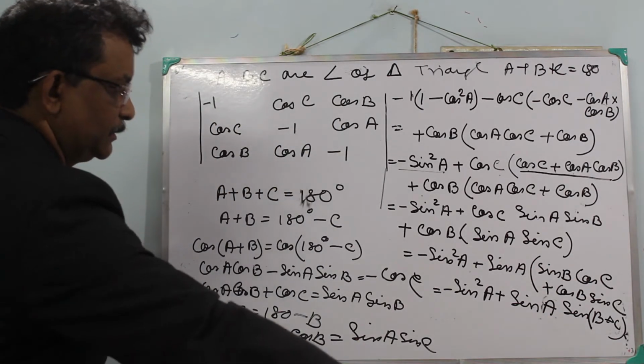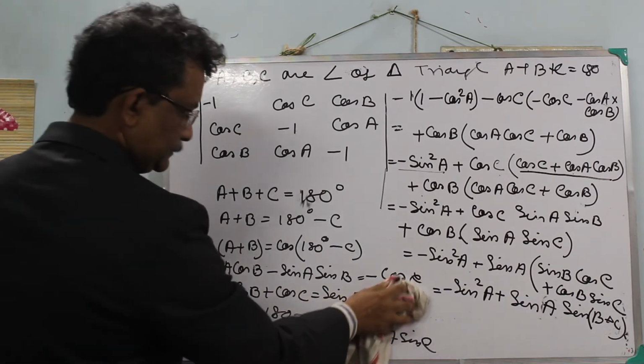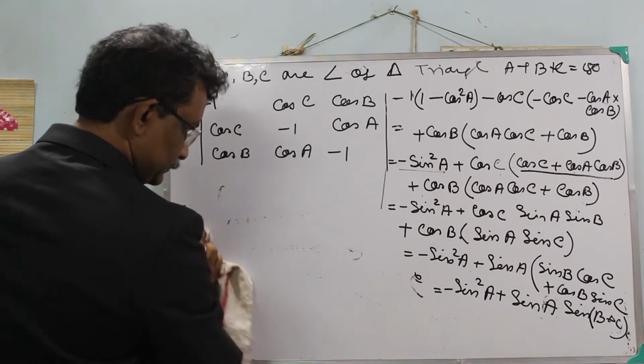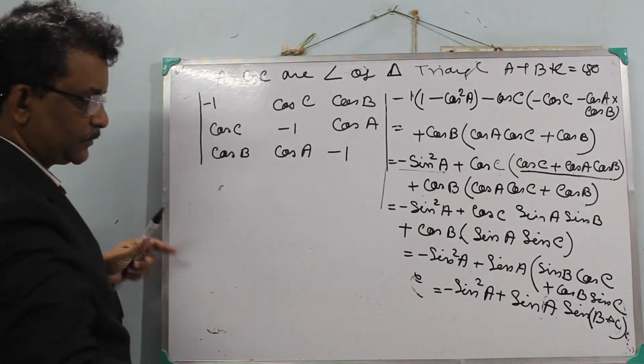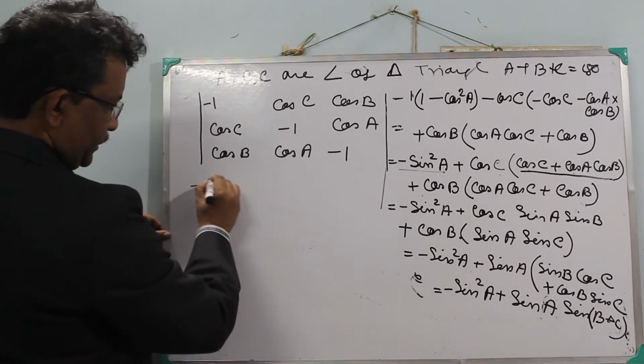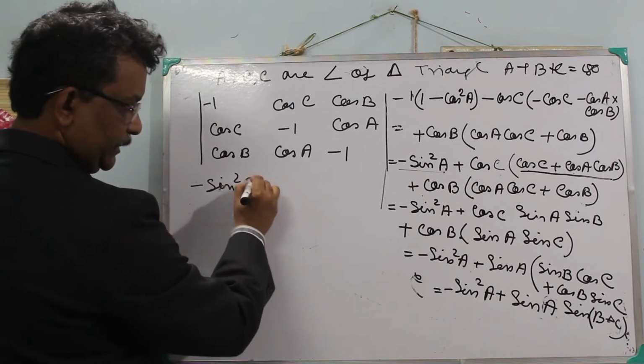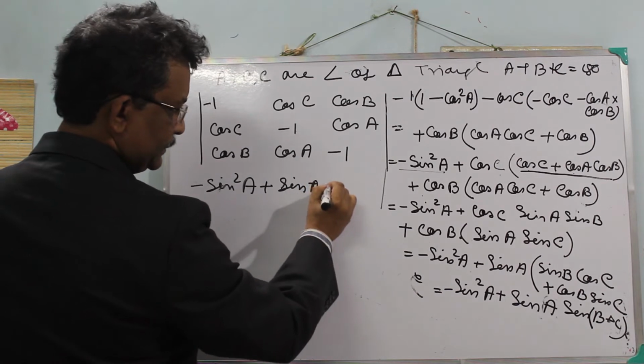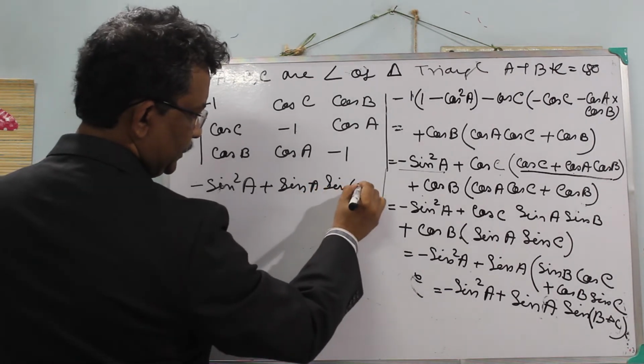Now the last part: minus sin square A plus sin A sin (B plus C).